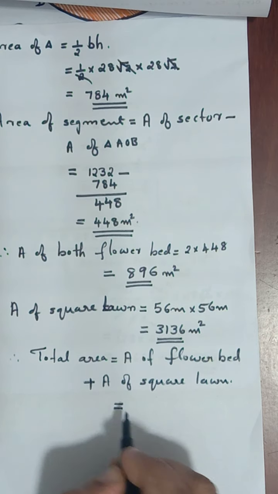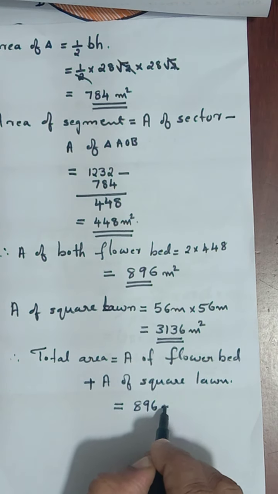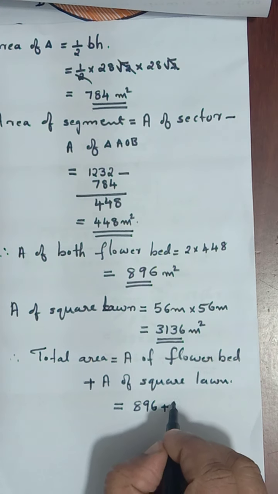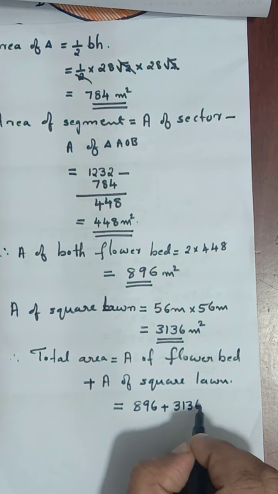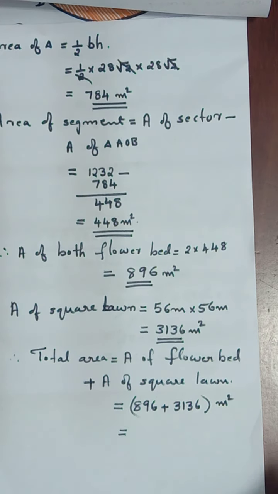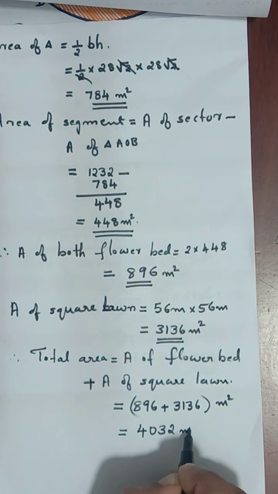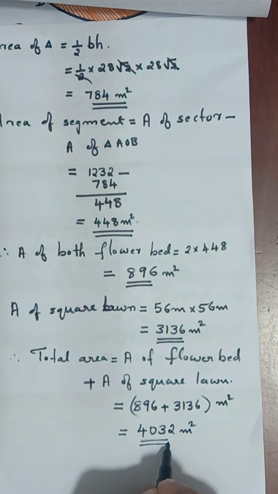Okay, area of flower bed we have found out 896, plus area of square lawn is 3136 meters square. Therefore, take the sum of it. So what are we getting? 4032 meters square. That is the total area.